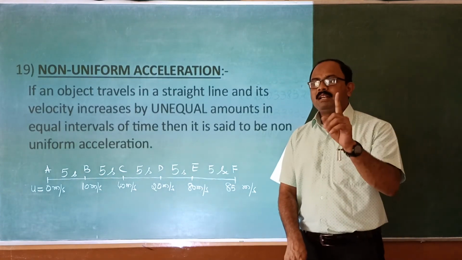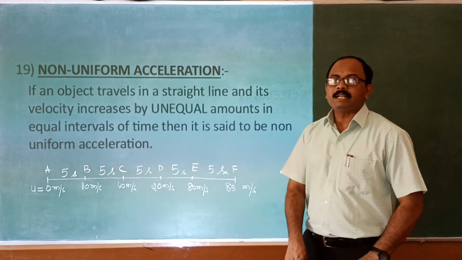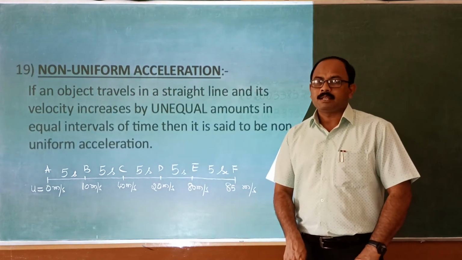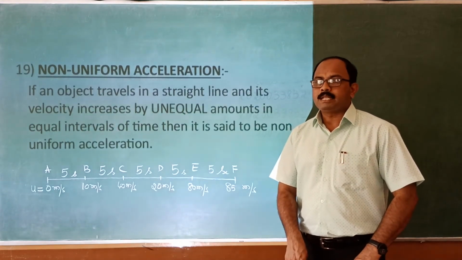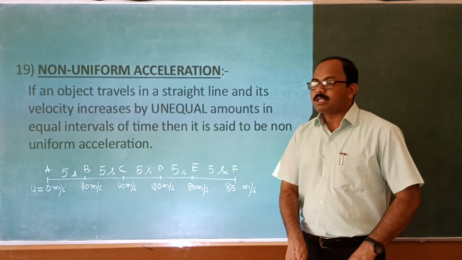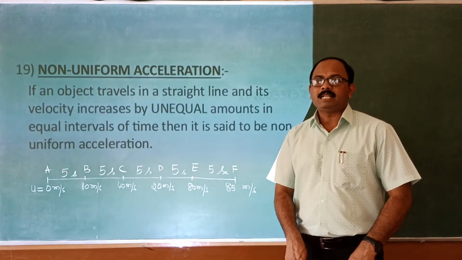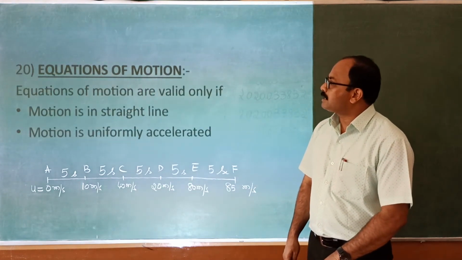Only one word changes from the previous one. If the velocity increases by equal amounts in equal intervals of time, then it is uniform acceleration. If the velocity increases by unequal amounts in equal intervals of time, it is known as non-uniform acceleration.